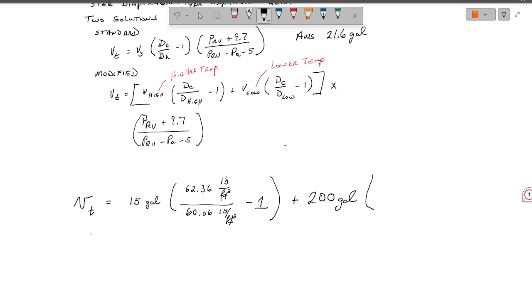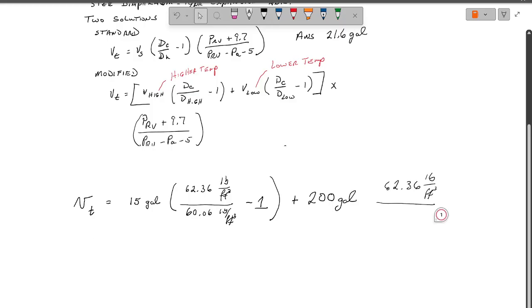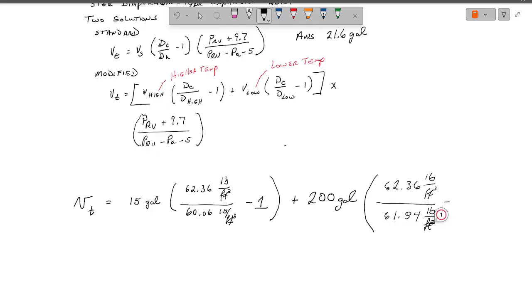Density cold, 62.36 pounds per cubic feet, because that didn't change, divided by, let's get that parentheses a little bigger, divided by 61.84 pounds per cubic feet. And my question earlier, just so you know what I was questioning, I was looking at the solution the book did, and they actually wrote this as 62 plus 36 for the density. It's like, no, you screwed that up. There's supposed to be a decimal there.